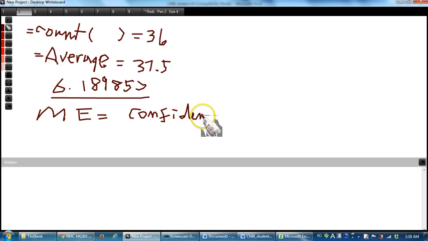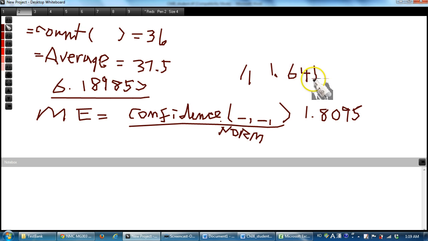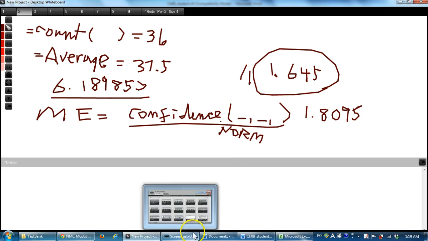Actually, the publisher's answer is 1.8095, but in my calculation, using the function confidence.norm, and providing the arguments like this, I came up with 1.645 instead of 1.8095 for some reason. Anyway, you can check on that.